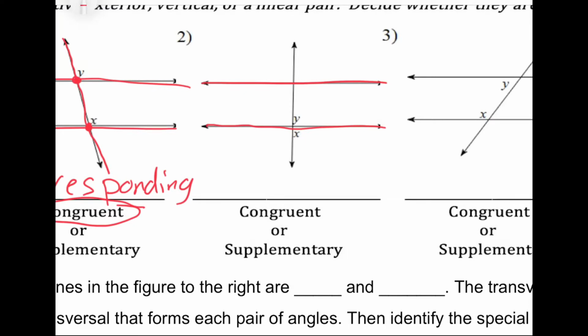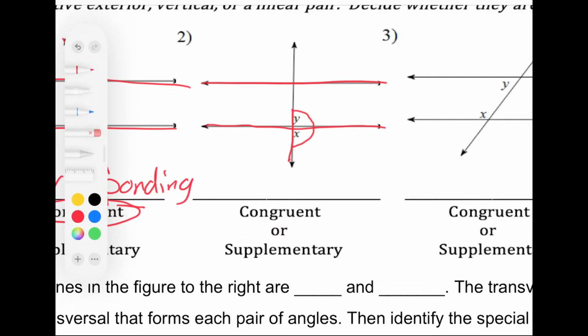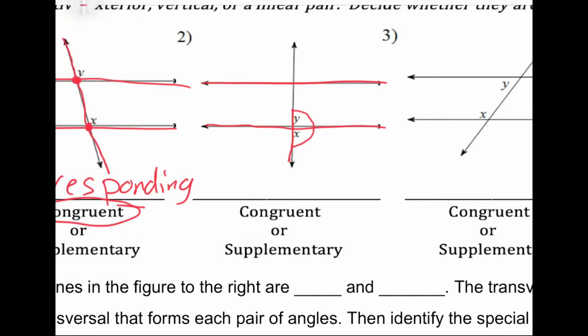Well, if you add these 2 angles together, they create a straight line. So that means they are supplementary. And you can just abbreviate and just do SUPP, and they are supplementary.